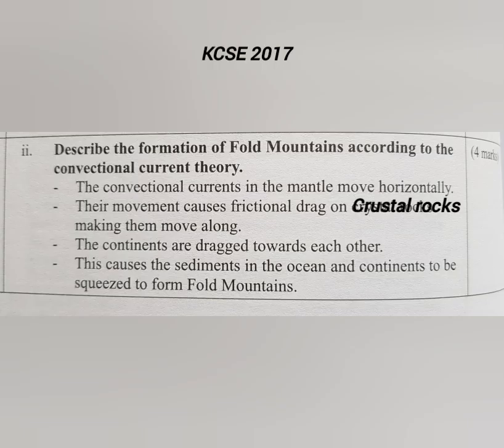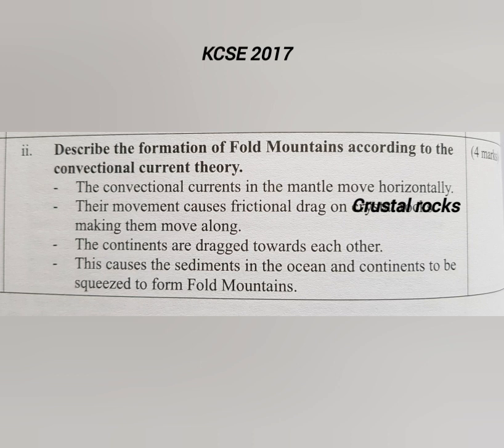When convectional currents in the upper mantle move horizontally towards each other, they usually cause a frictional drag on the oceanic crust and hence continental crustal rocks, making them move along. This drag causes the continents to move towards each other. In the process, the sediments in the ocean between the continents are squeezed into folds, thus forming fold mountains.